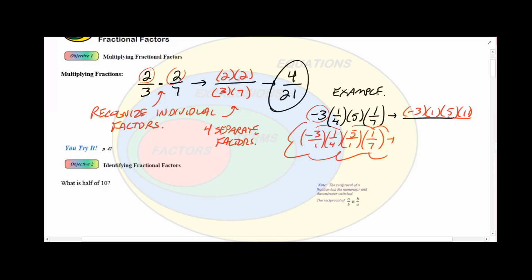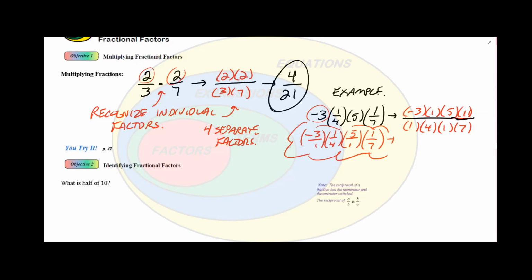Those are all the factors in the numerators of those fractions. In the denominator, I'm going to have a 1, a 4, a 1, and a 7. Do you see them all? What I did is I wrote it as one big fraction where all the factors in the numerator are together and all the factors in the denominators are together.